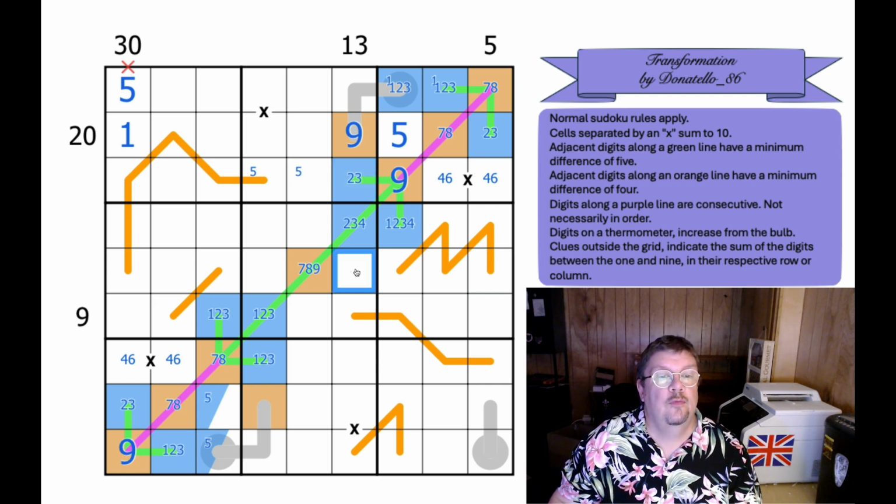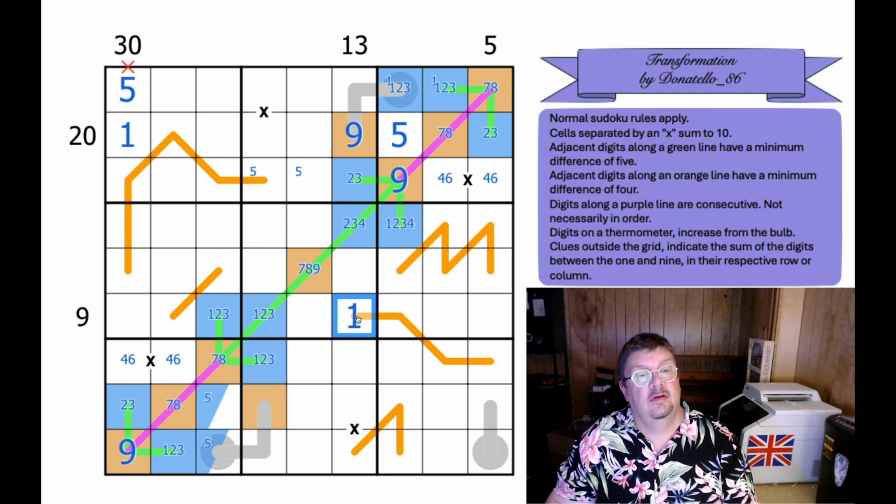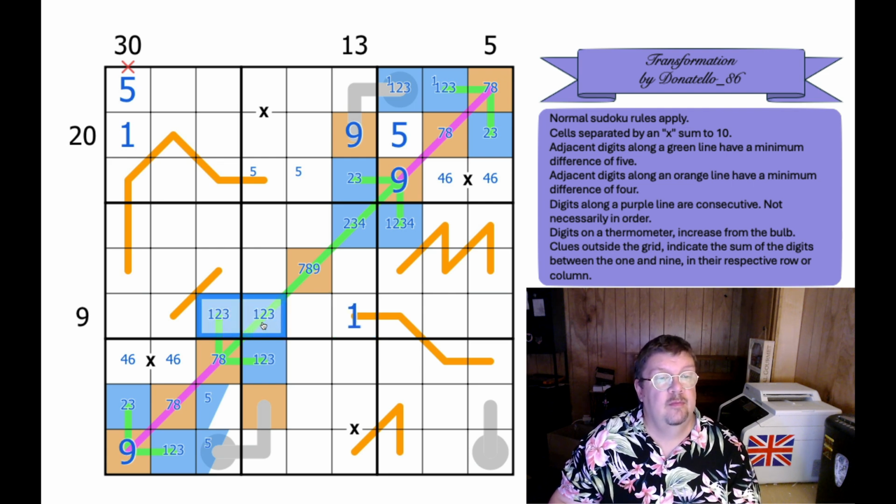And I can't place the 1 here because 3 plus 4 is only 7. And here, 2, 3, 4, 5 makes 14. So that's got to be the one there. And that removes 1 from those two.